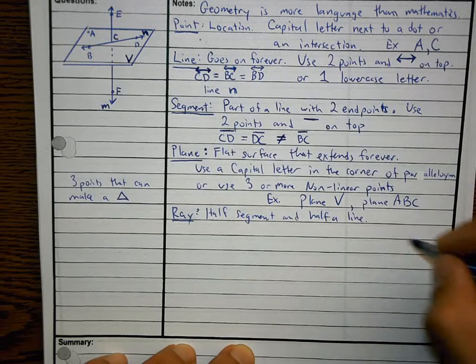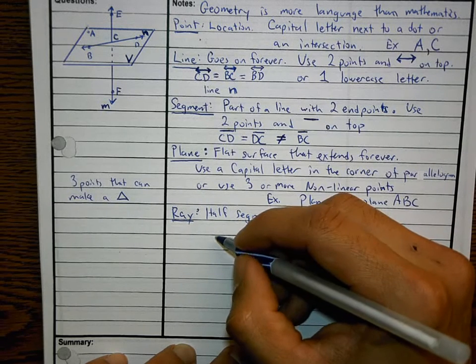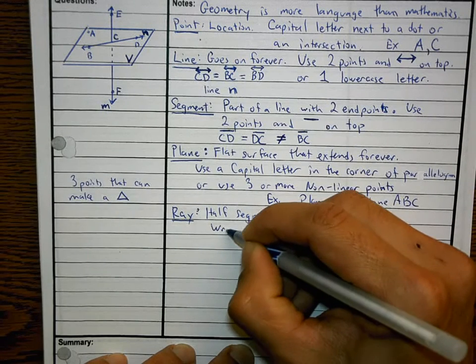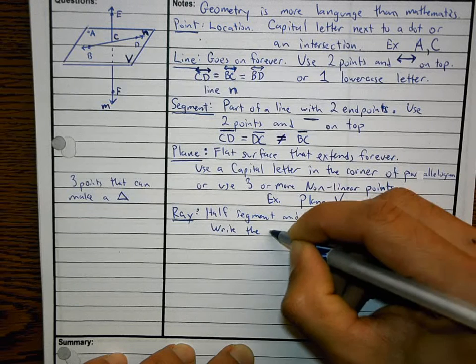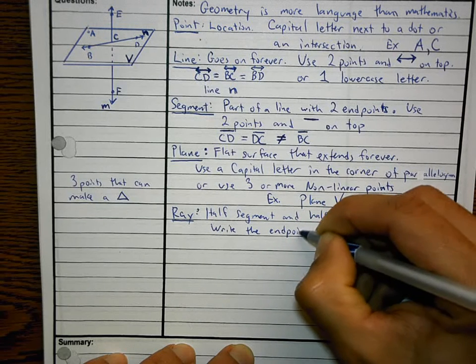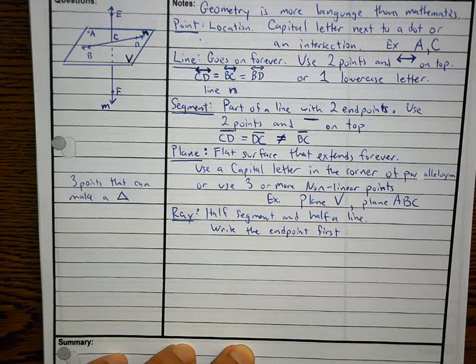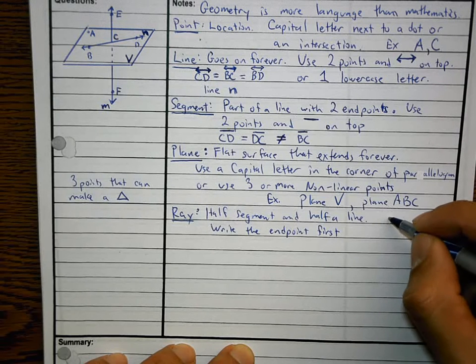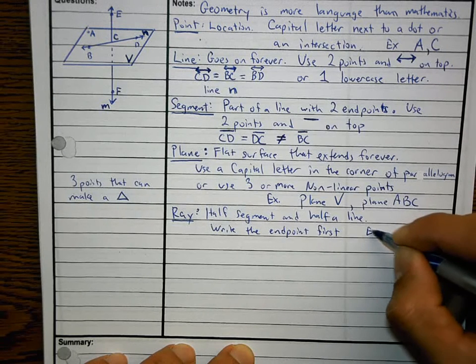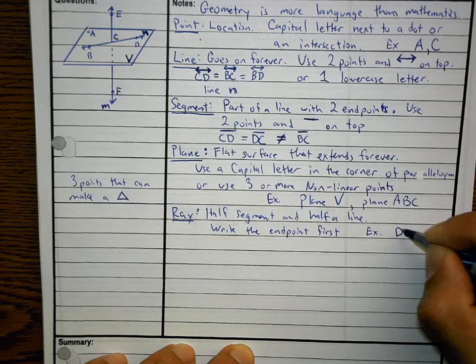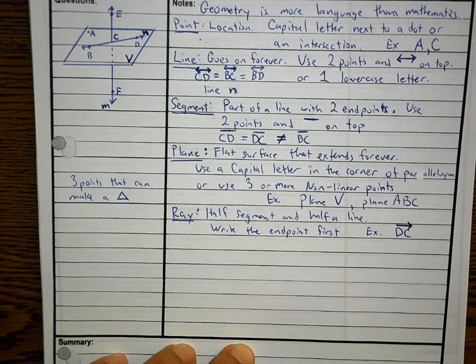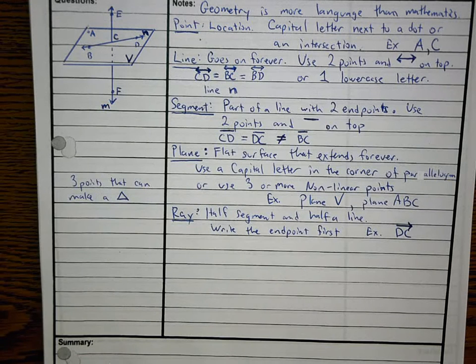This is how we write it. We write the end point first. So this is how it looks. For example, DC with a ray bar on top.